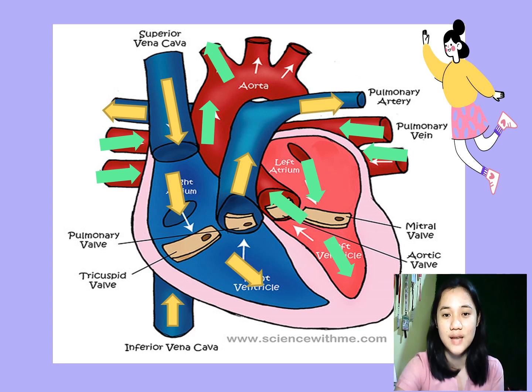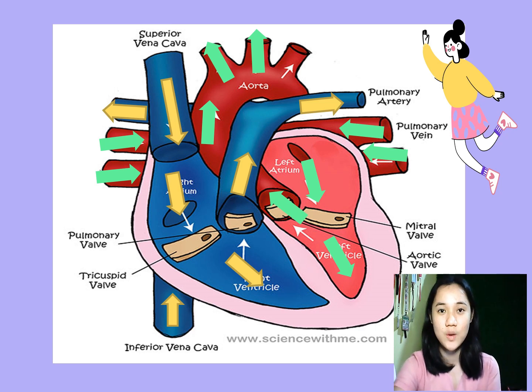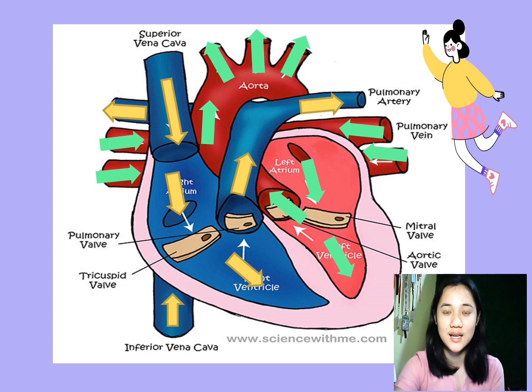And dahil dyan, it can distribute oxygenated blood to the different parts of the body. So, that is how the blood moves inside the heart. And lahat ng yan ay nangyayari in a bit of second. Lahat ng chambers ng heart ay umaandar ng sabay-sabay while doing their function.